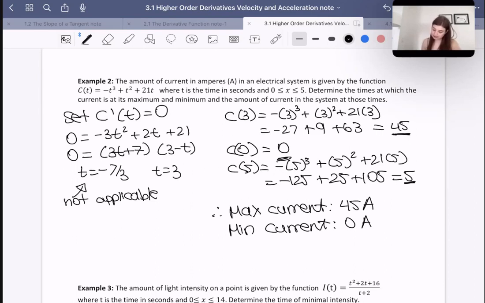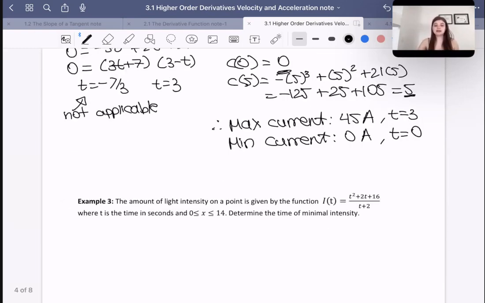And it says, and the amount of time as well. So the time that goes with this one is t equals 3, and the time that goes with this one is when t equals 0. So we get to our minimum when t is 0, it's 0, and then it goes up. And the highest that it goes is 45 amperes, and that occurs after 3 seconds. Very good.